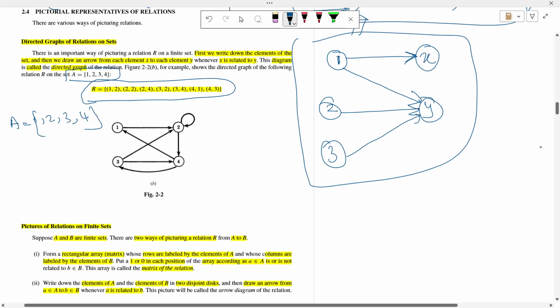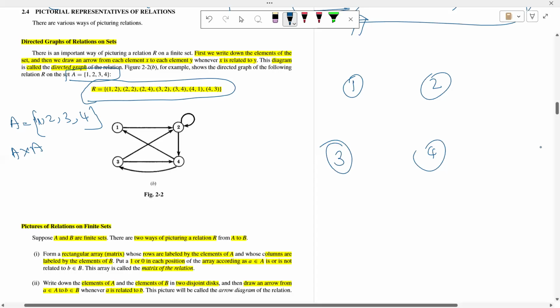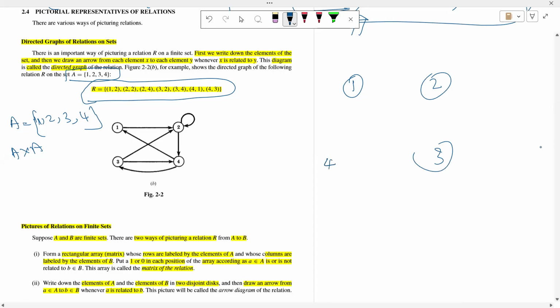It creates a relation with itself, so here we consider A cross A. If you have four elements, you can plot these four elements. You don't need to worry about the order; whatever order you follow is fine. You can create nodes for each element in the set.